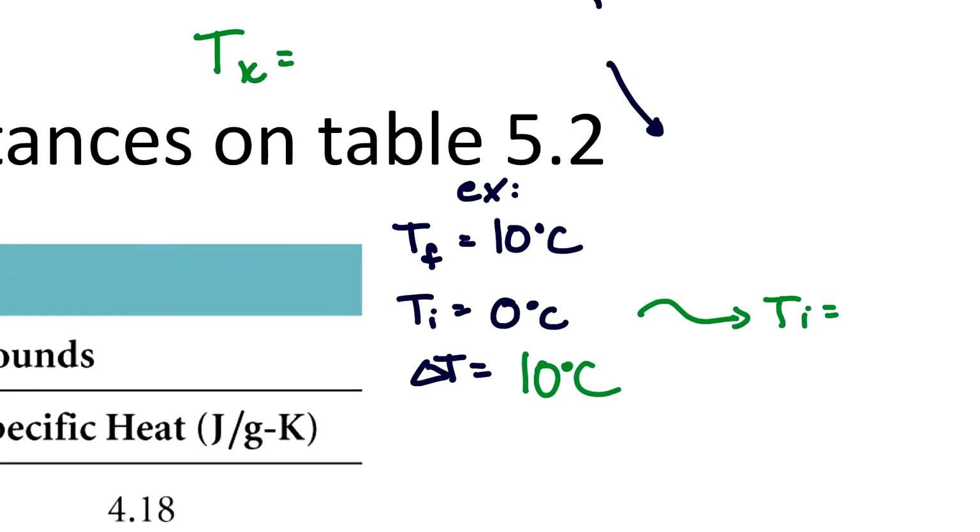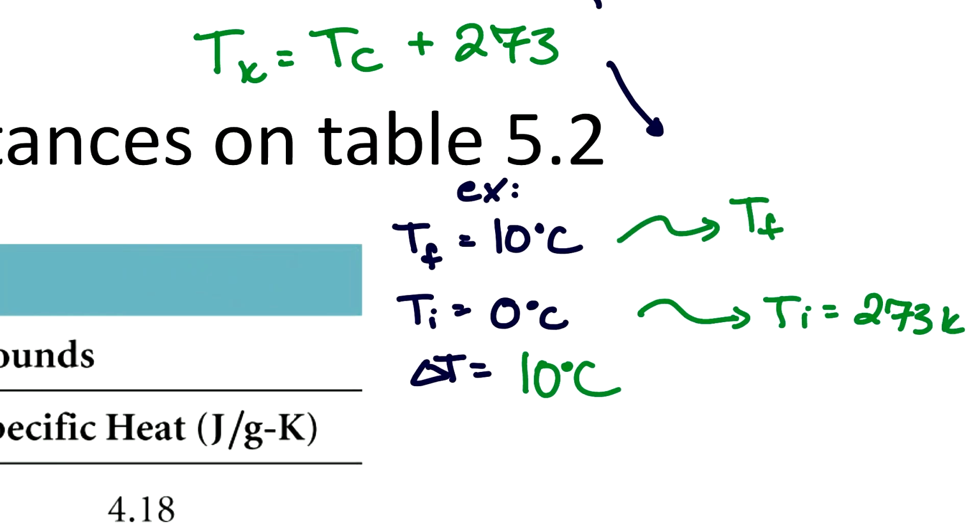Your Kelvin temperature is your Celsius temperature plus 273.15, but who cares about the decimal places? Let's just use round numbers. So the initial temperature is 273. Then what is our final temperature in Kelvin? 283 Kelvin. So what is the delta T in Kelvin? 10, yes, but 10 Kelvin.